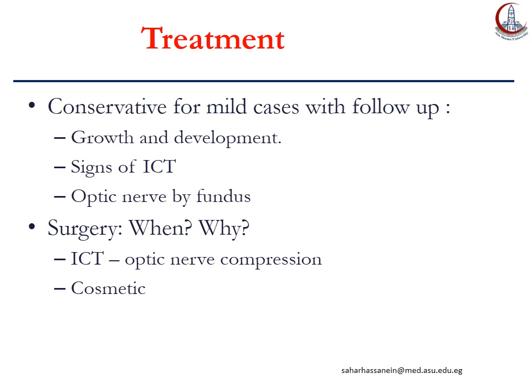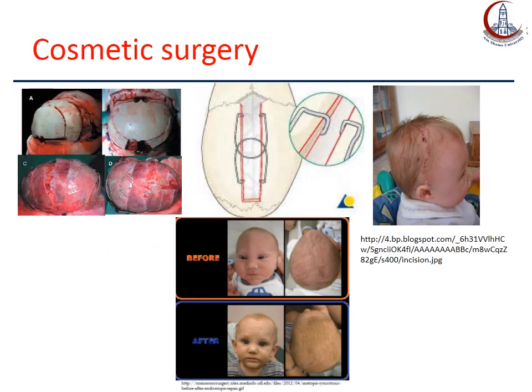If there is increased intracranial tension with optic nerve compression, this is an emergency management to decrease the compression and separate the sutures. Otherwise, it will be for cosmetic improvement only. In cosmetic surgery, it is just to improve the shape, as in scaphocephaly and trigonocephaly.